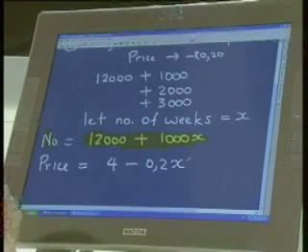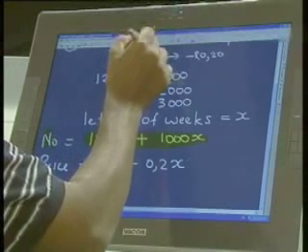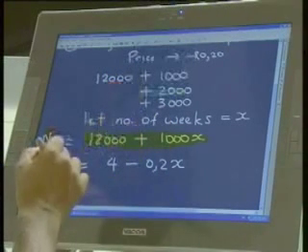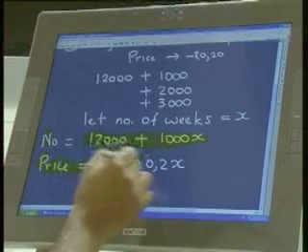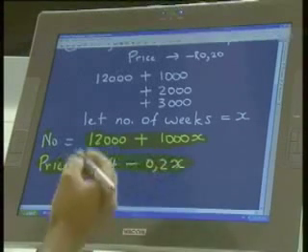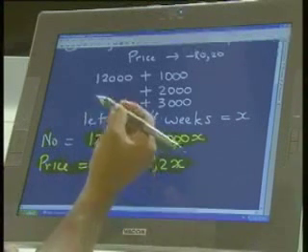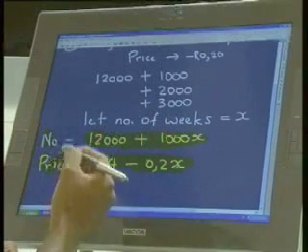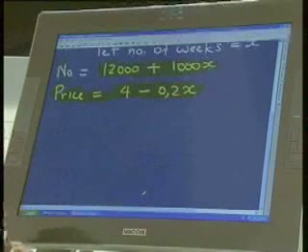Do you understand what I've done there? Very important. If you understood this part of the problem, you've actually done most of the work. So the number of potatoes is going to be 12,000 plus 1,000x. The price is going to be 4 minus 0.2x.